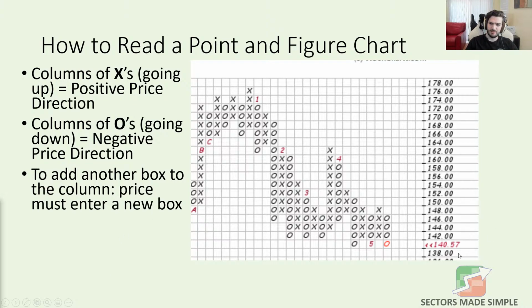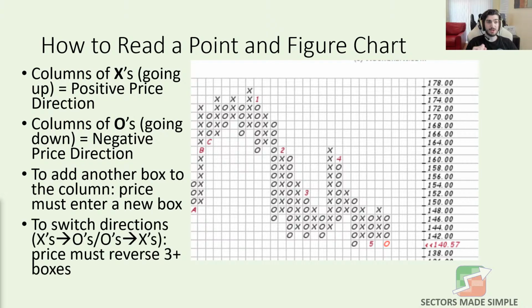For example, in this box that we see here, which would be the box for $140, in order for us to go to the box below it, we would need to go below what that box says. So in order to go one more O below, we would need to go below $138. So that is how we continue. One X would be going into the box above, and then one O would be going below the price of that box.